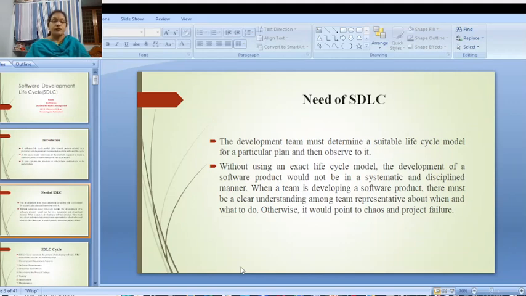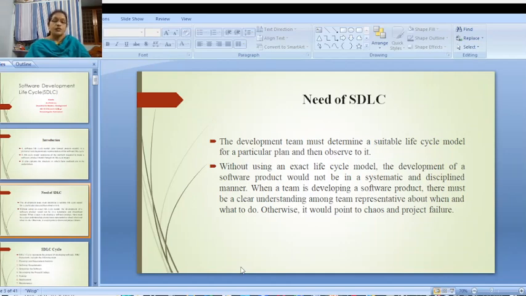As we have different SDLC models, a developer needs to determine which life cycle model to use to develop software. Without using any exact life cycle model, the development of a software product would not be in a systematic and disciplined manner.